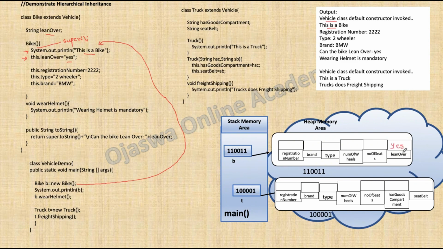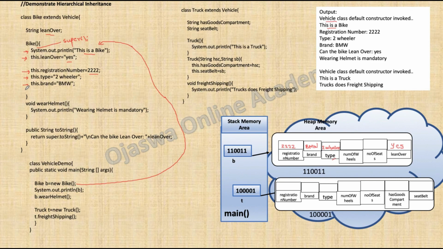Then the next statement is this.registrationNumber equal to 2222. So the value will be stored inside the instance variable registrationNumber. Next statement is this.type equal to two-wheeler. So the type variable will have value two-wheeler. The next statement is this.brand equal to BMW. Hence the variable brand will have value BMW.